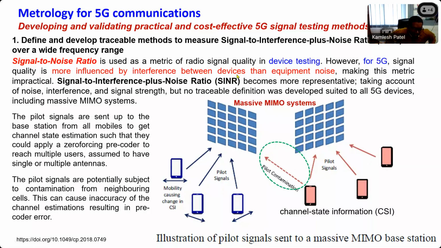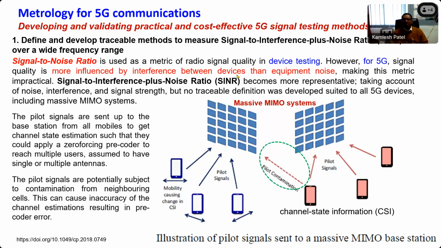So in 5G, the conclusion is that the 5G signals are facing interference from the communicating devices or from different devices. A mobile device itself does not generate any amount of interference. So to distinguish the interference component, the new parameter, signal to interference plus noise ratio, is taken, and it is assumed to be more representative in case of 5G signals.